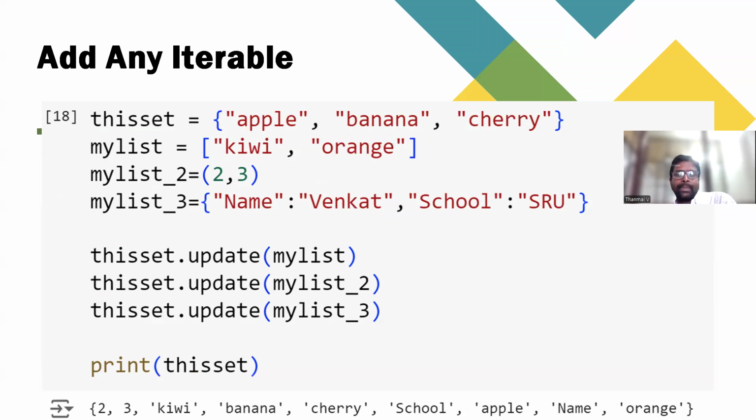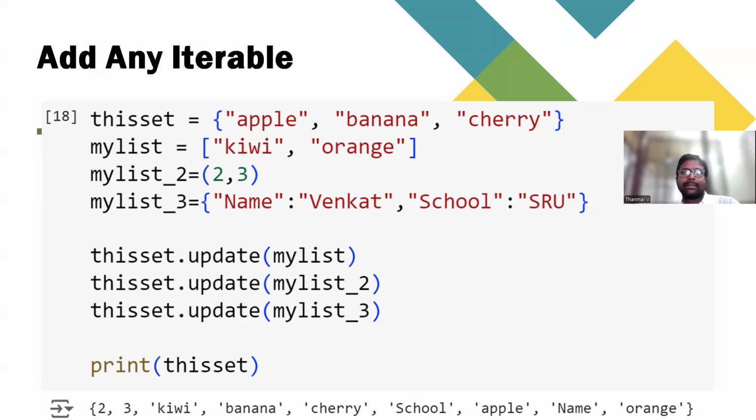Previously, we discussed updating a set with elements from another set. You need not take elements only from another set; you can also take the elements from a list, from a dictionary, and from a tuple, right?